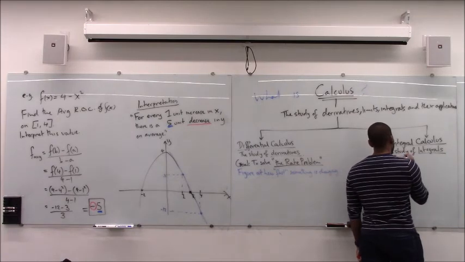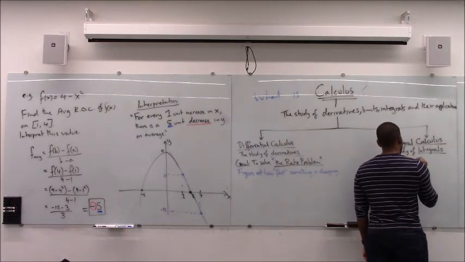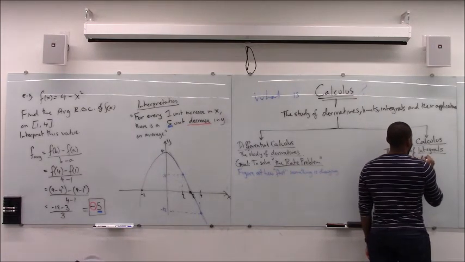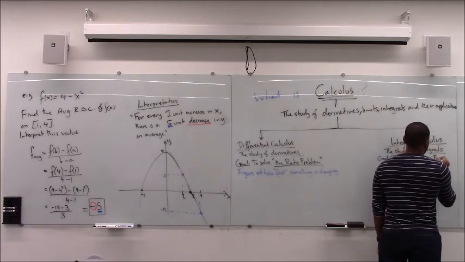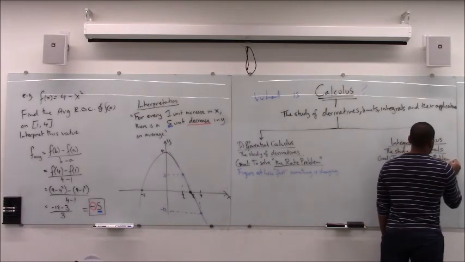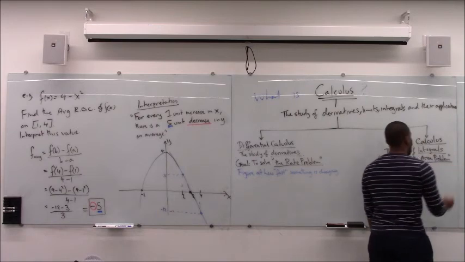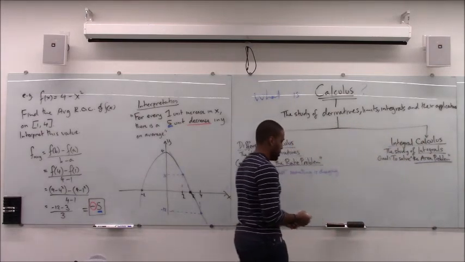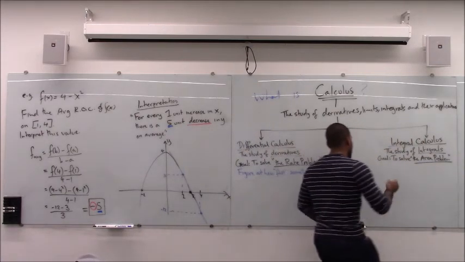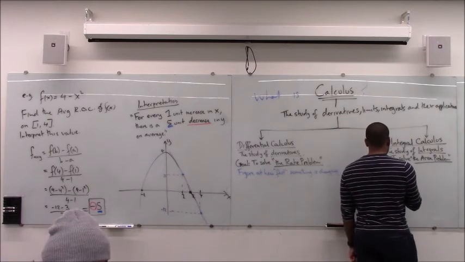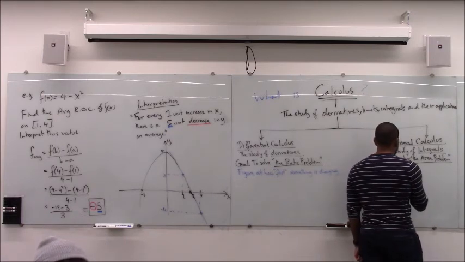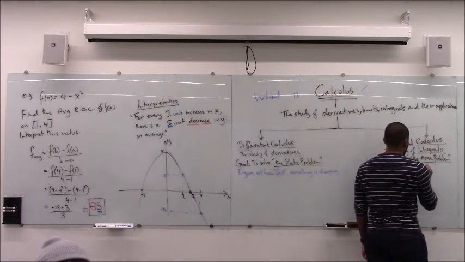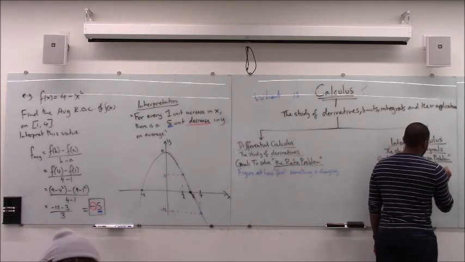The goal of integral calculus is to solve the area problem, it's called. Okay. This is another class of problems, right? Now, what does that mean? Well, this means we want to figure out how much space something takes up.